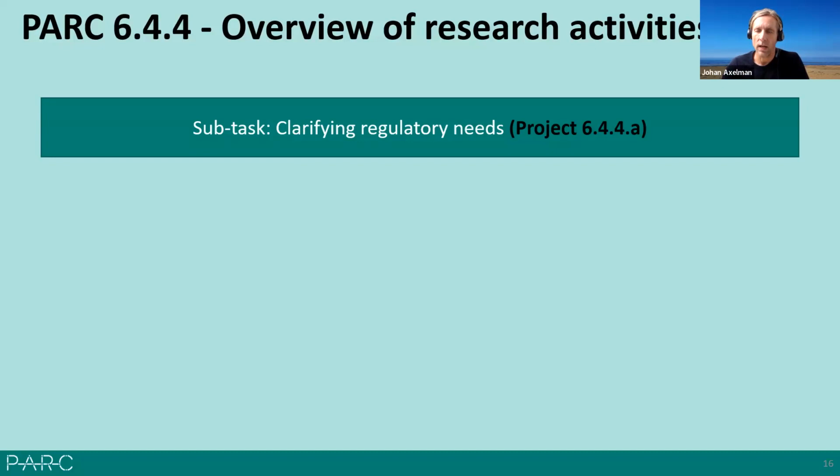We have clarifying regulatory needs, where we continue on the roadmap work that EFSA started to really narrow down what is really needed to address these new needs to actually assess the impact of the combined use of pesticides and also other ecosystem stressors.